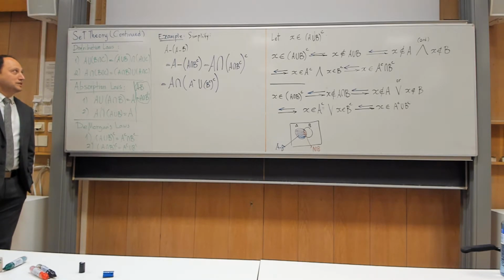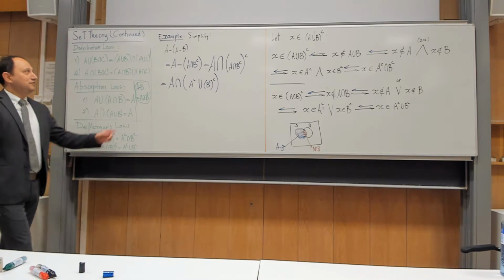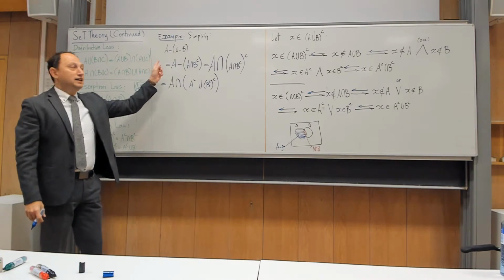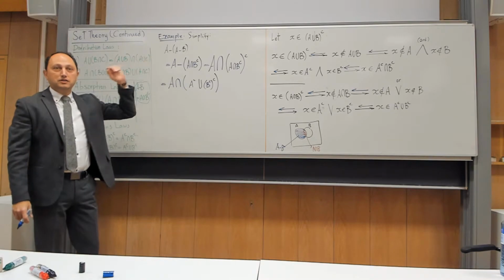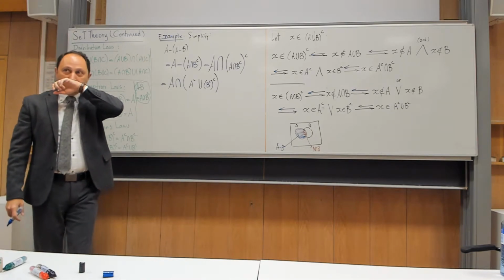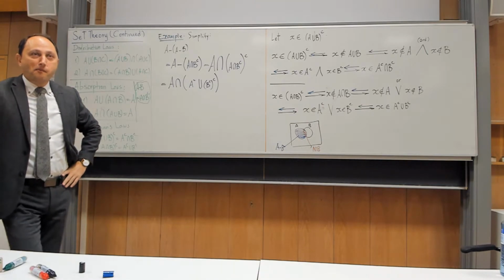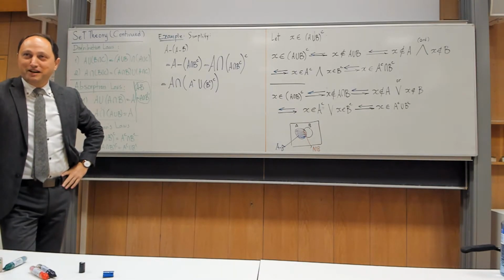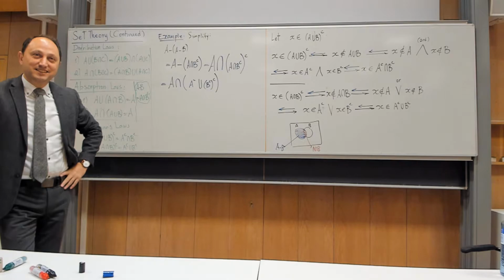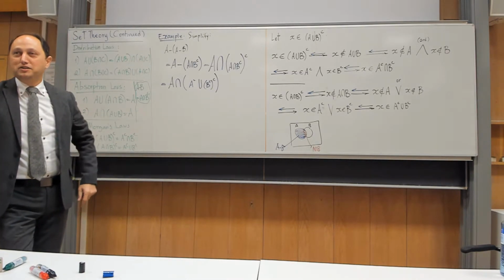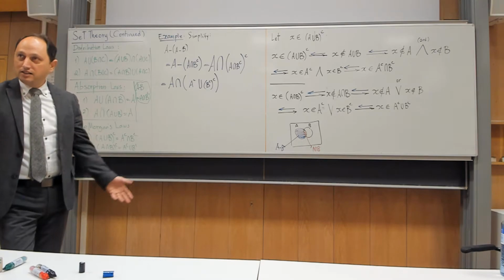So even though, by the way, if they were numbers, what was the answer? If A and B are numbers, what's the answer? If you don't answer, we have to start Math 1C. If A and B are numbers, what's the answer of A minus B?